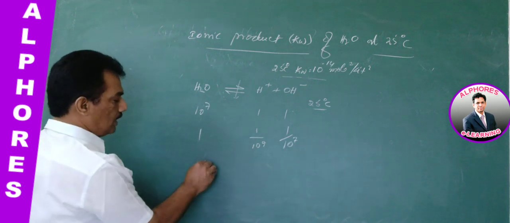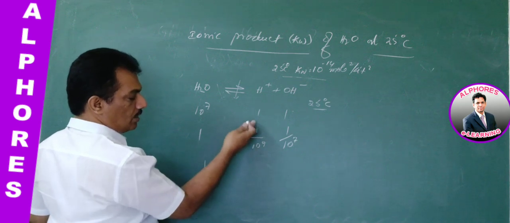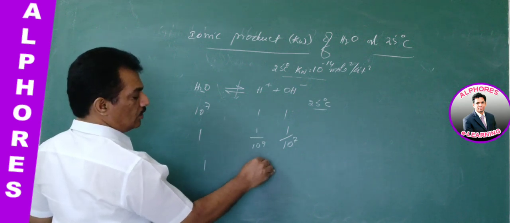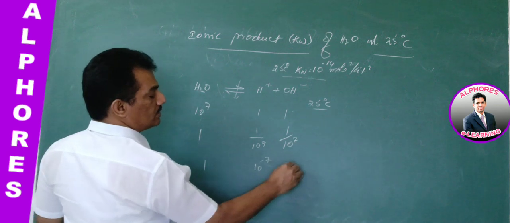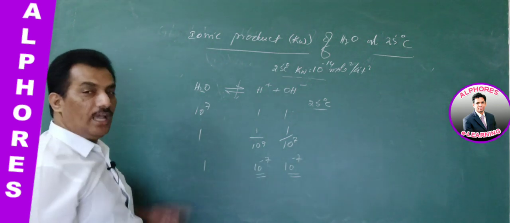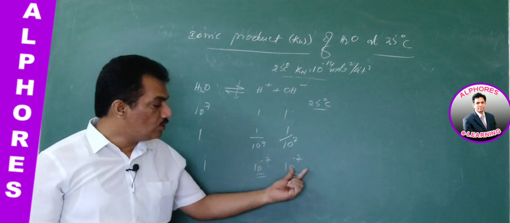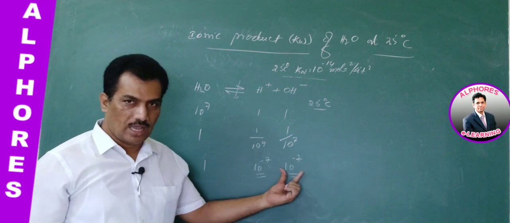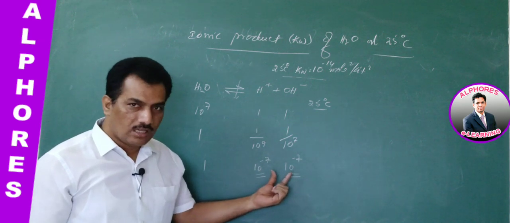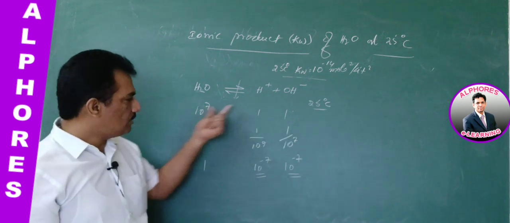Now when we bring this denominator into the numerator, it is 10 to the power of minus 7, and this is 10 to the power of minus 7. This is the reason why we consider H plus or OH minus concentrations at 25 degrees centigrade to be like this. How are we getting that negative value? It is nothing but from this proportion. This is observed.